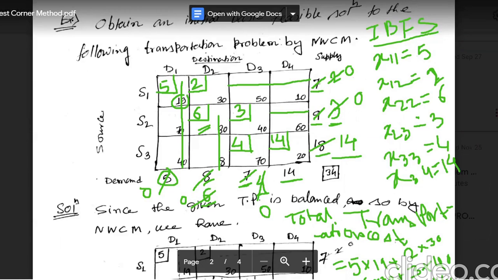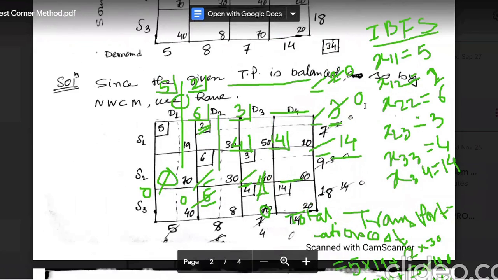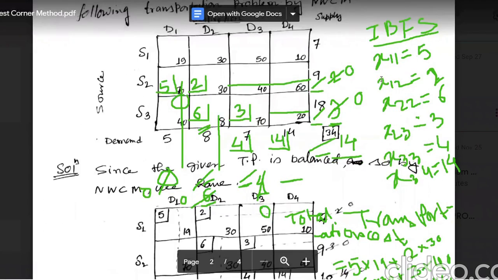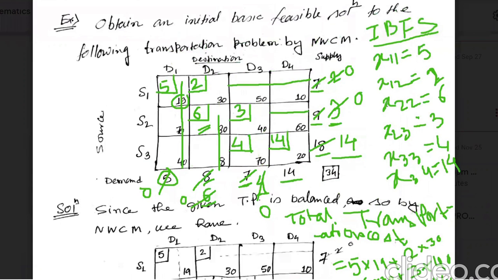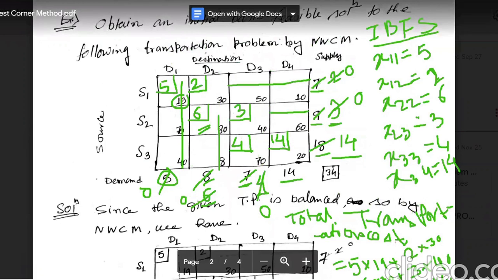And if you multiply and add all this, the total equals how much? I think you'll get 1015. So 1015 is the total transportation cost for this problem.